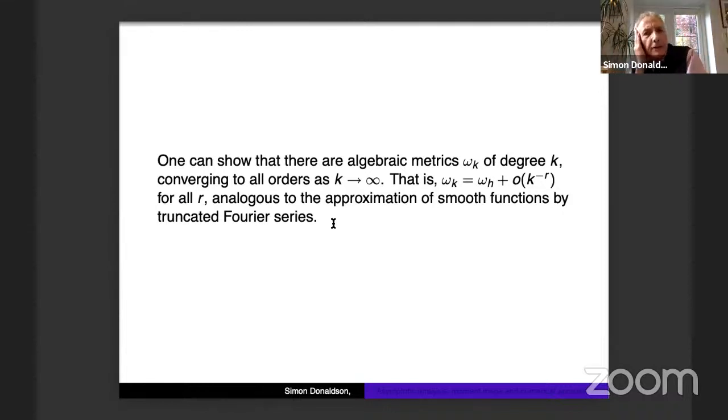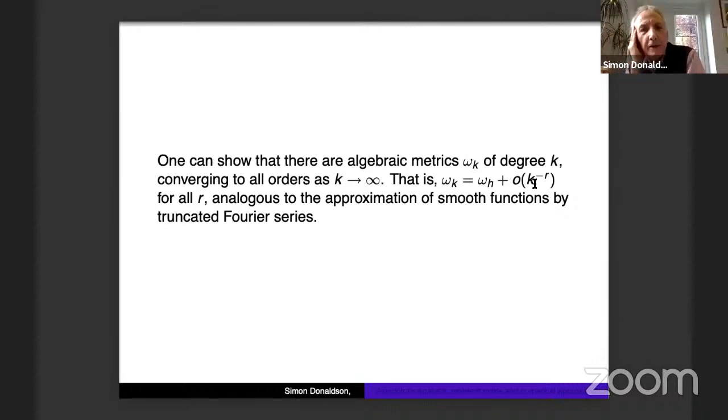So Tian's result says we can approximate any metric to order k to the minus 2. In fact, I can show, starting from that and using this expansion, one can make better approximations. We could find, for any metric omega h, a sequence omega k given by embeddings of degree k, using L to the k, which approximate omega h to arbitrarily high orders.